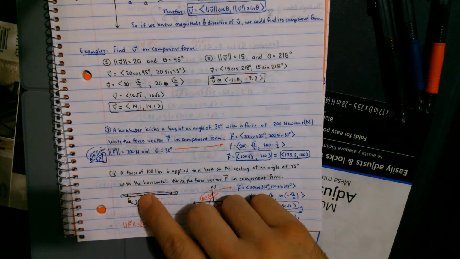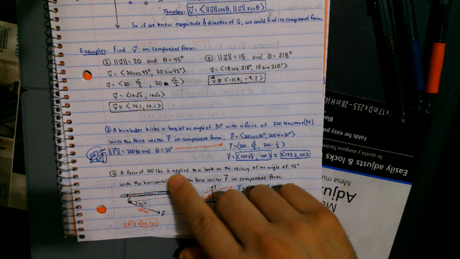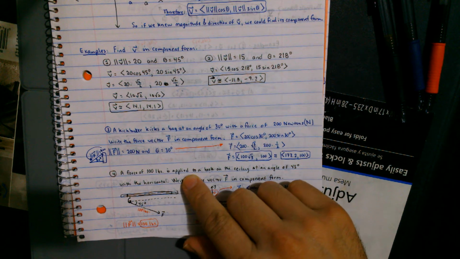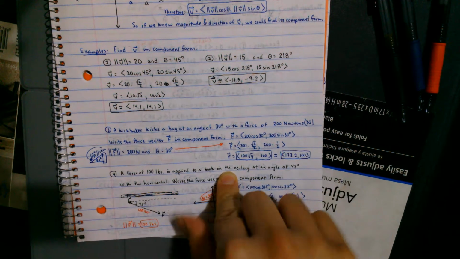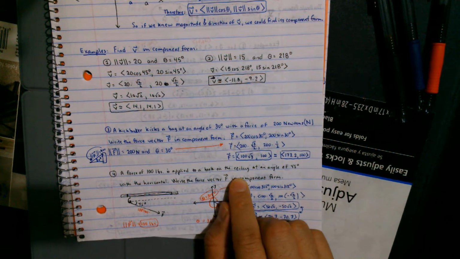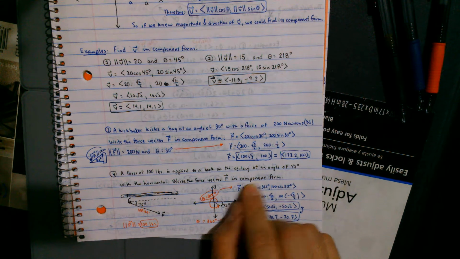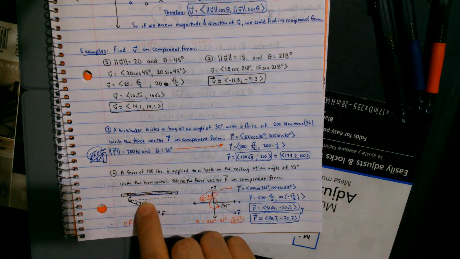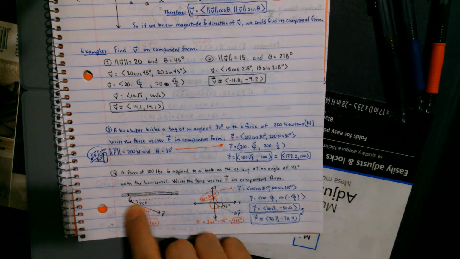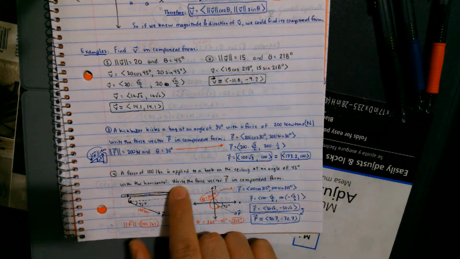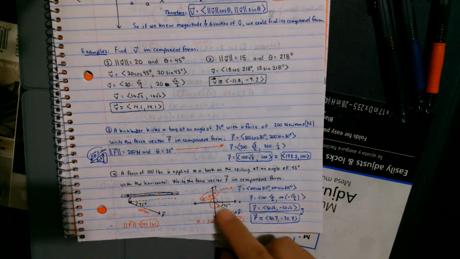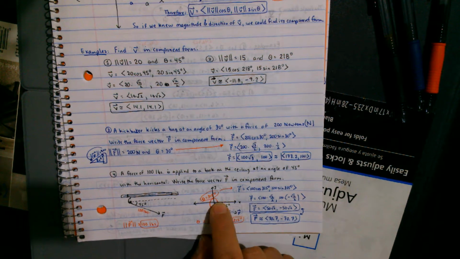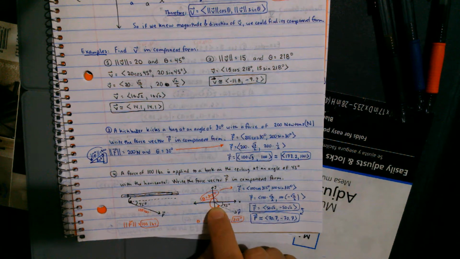Number 4. A force of 100 pounds, again, magnitude, is applied to a book on the ceiling at an angle of 45 degrees with the horizontal. So you're applying some kind of force in this direction, 45 degrees with the horizontal. You want to know what are the components of that force. So you're down here, and if this is 45, your direction is 315.